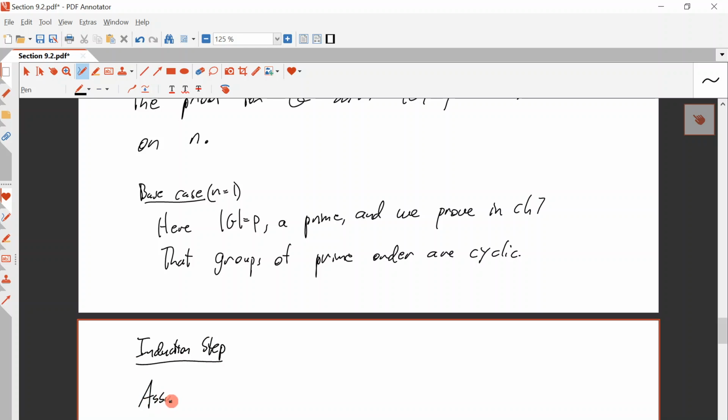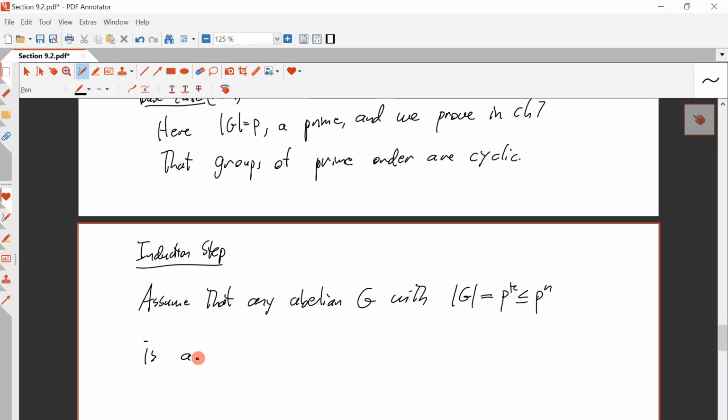I assume that any abelian G with the order of G less than or equal to p to the k, less than or equal to p to the n, is isomorphic to a direct sum of cyclic subgroups.